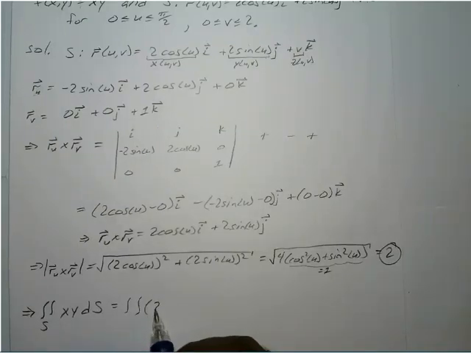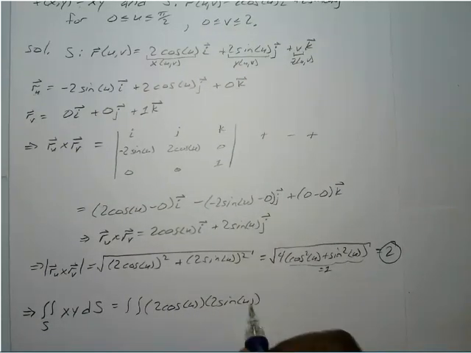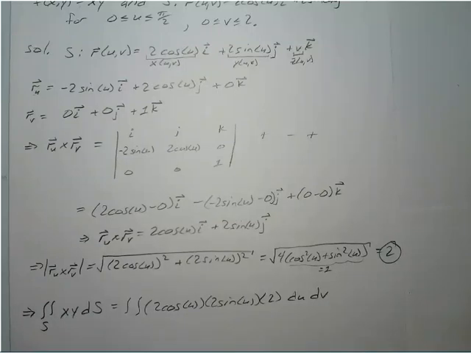So I have 2 cosine u, 2 sine u times 2 with respect to u with respect to v.